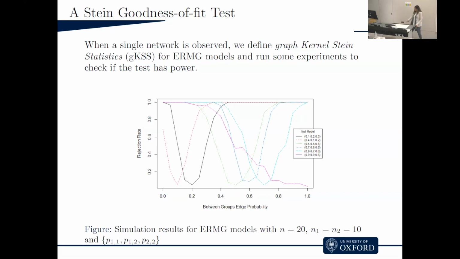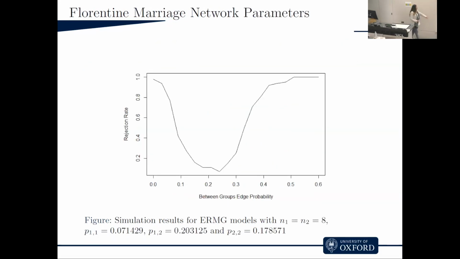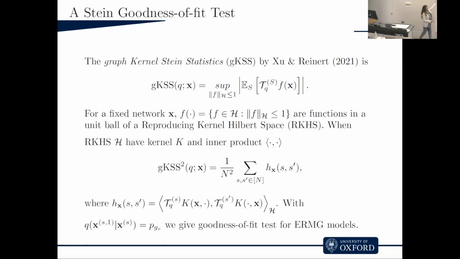We also ran simulation experiments for the parameters that we got from the Florentine marriage network, and it seems that in that parameter regime the test also has power. Just for revision, this is what the test looks like. It again depends on the kernel of the reproducing kernel Hilbert space.